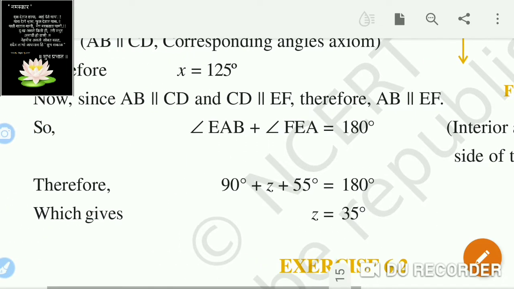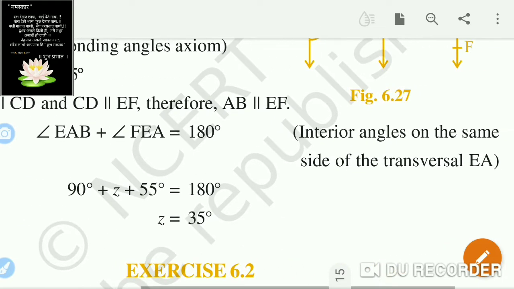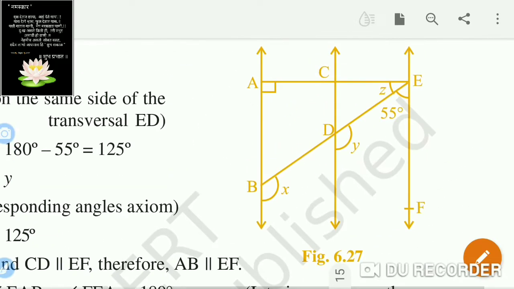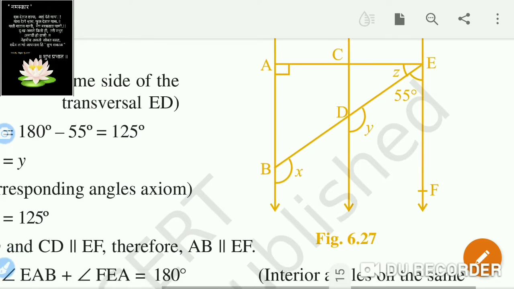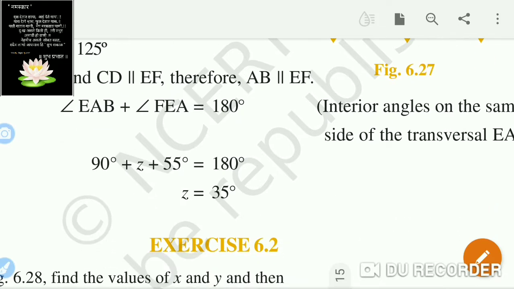And here you can write 90 plus z plus 55, because the total of angle CAB and angle CEF will be 180 degrees. So we will put those values and the value of z will be 35 degrees. So in this way you can solve these examples.